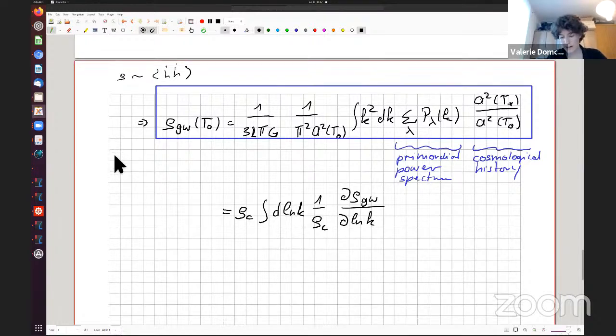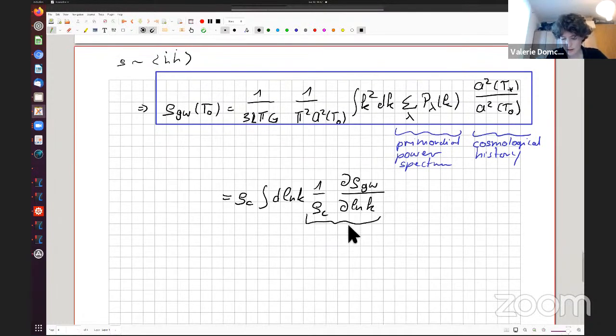And the reason I'm writing it like this is that this object here is precisely this capital Omega GW as a function of k evaluated today. And this is essentially the thing that typically you can predict in a given model, and then you try to observe in gravitational wave detectors, right? So this is what we usually call the gravitational wave spectrum of the stochastic background.